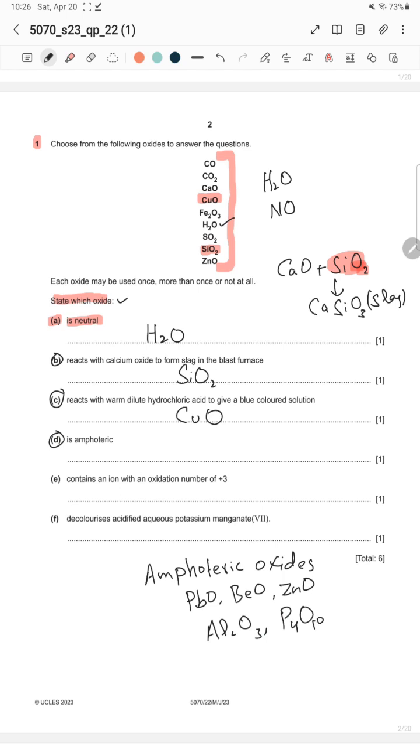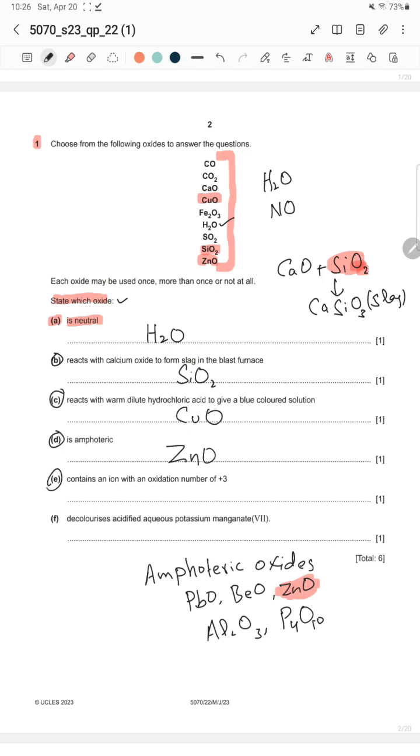So you should learn this list. Majority of the times, like 95%, zinc oxide is asked in the exam, and here in the list again zinc oxide is mentioned. So zinc oxide acts as an amphoteric oxide.